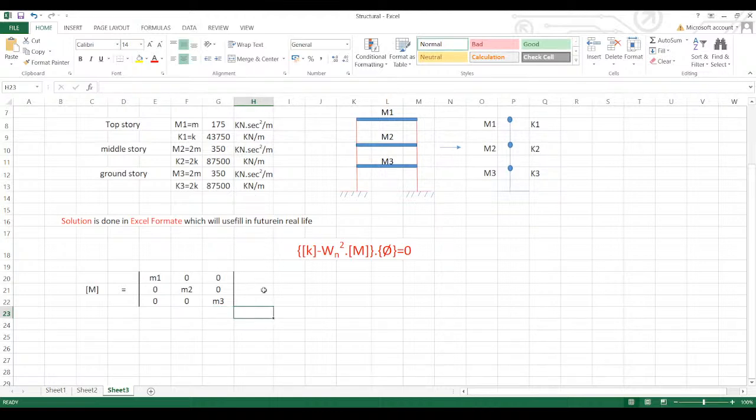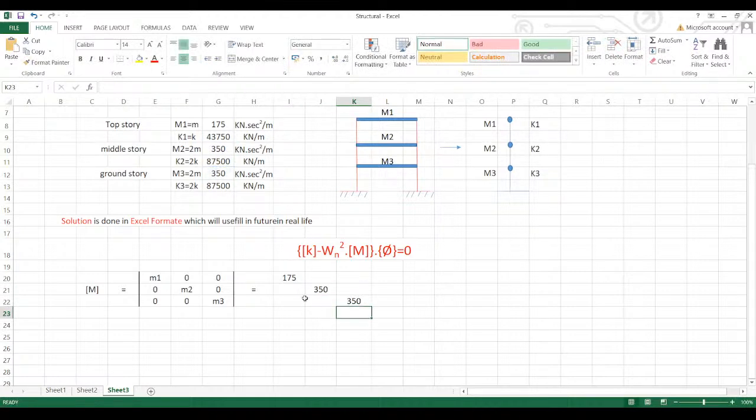Okay, the mass matrix is like this, and this is equal to M1 here. The mass matrix is like that: M1, then M2 and M3 on the diagonal elements.